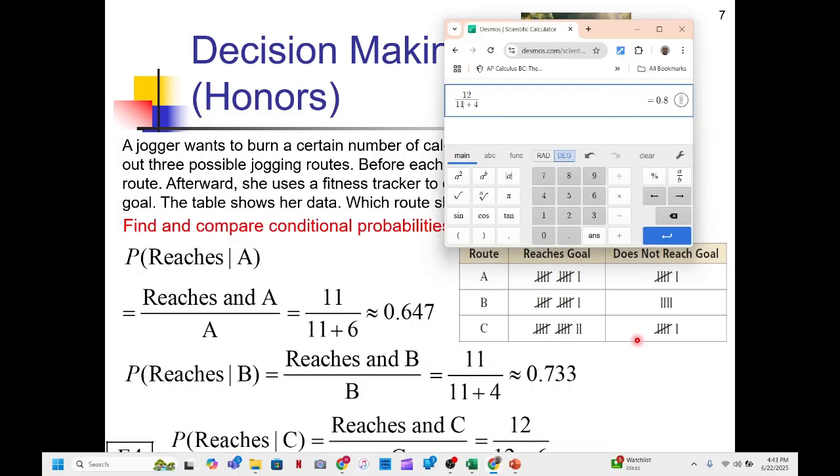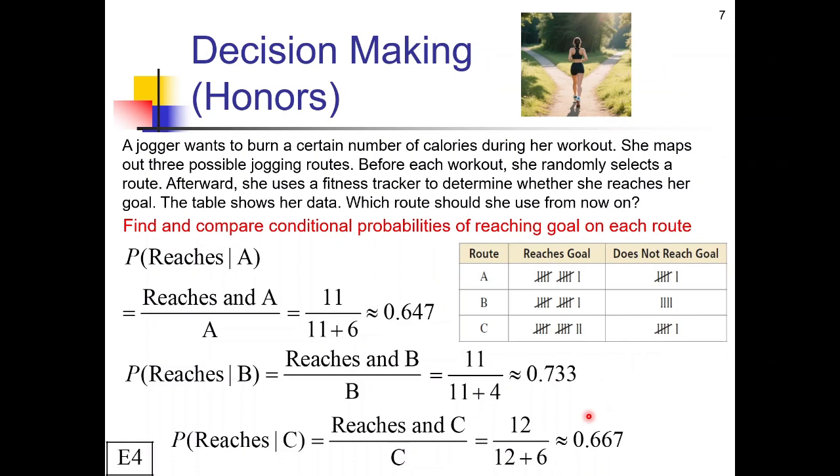So 12 over 12 plus 6 comes out to 0.667, which is interesting. Even though she reached her goal the most times on route C, it turns out when you actually factor in all the times she went on route C, the percentage was not the best. It was better than route A, but route B, it turns out, had the best percentage. So we will recommend that she use route B.